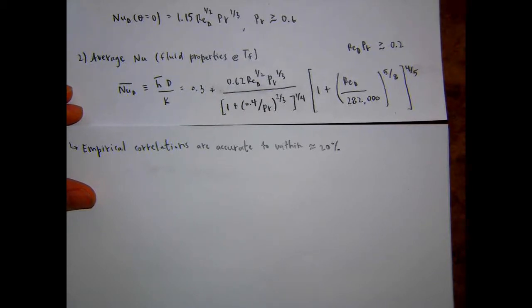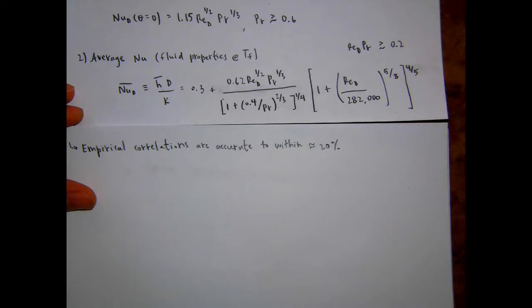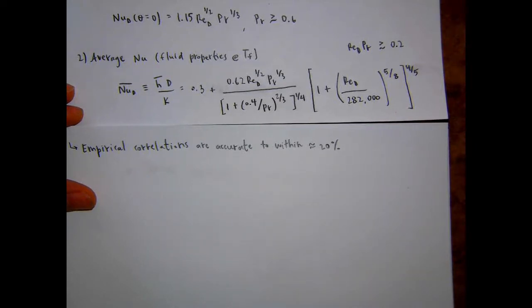So if you had a perfect lab experiment that you got data from and you could evaluate the convection coefficient from that data, you could expect the same coefficient evaluated from an empirical correlation to be within about 20% of that perfect value that you got from an experiment. So that's what that means. Within about 20% of the actual value if you were able to measure it in an experiment or whatnot.